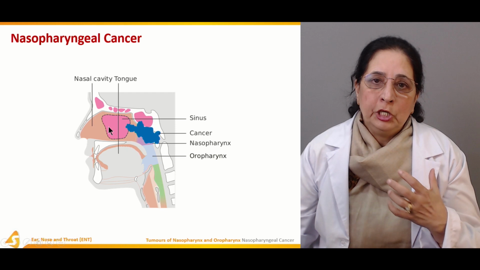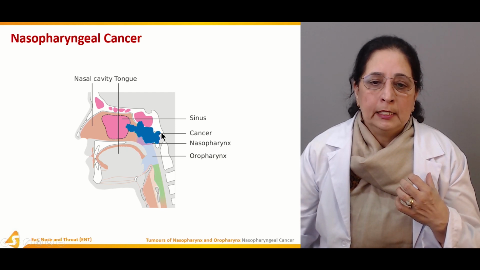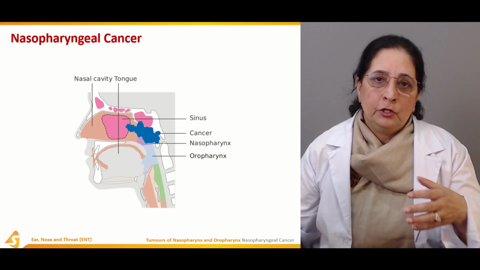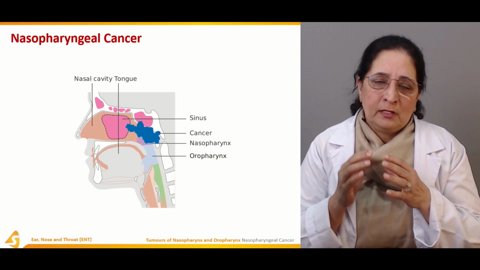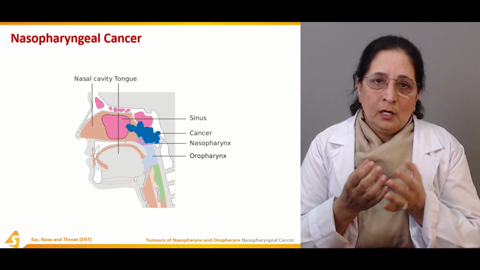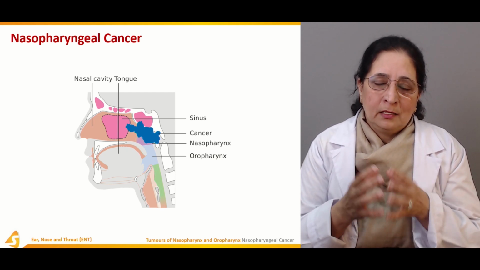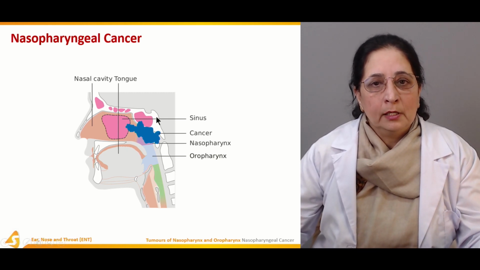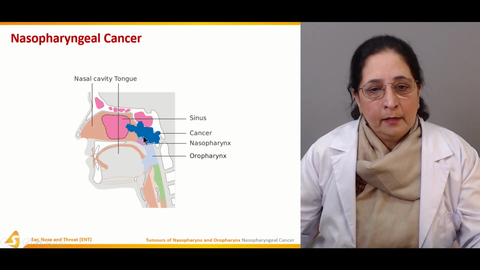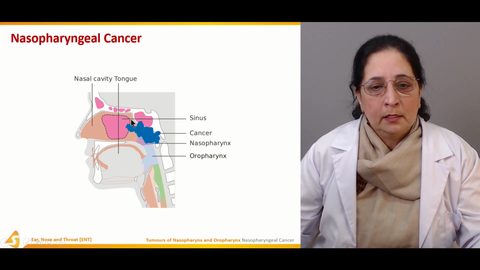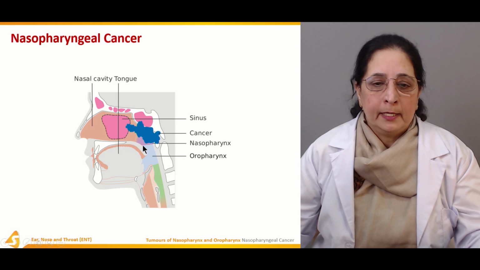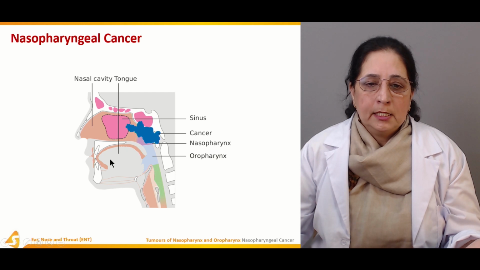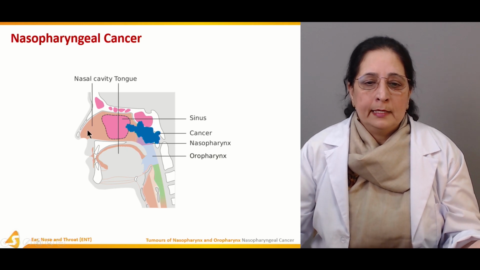So again, the location of the nasopharyngeal cancer, if you remember the last section, when we talked about the benign tumor, that was more like a small, localized tumor in the nasopharynx. But if you see this nasopharyngeal cancer, it is bigger and it has already spread to different sites. So this is the sinus, and then we have the tongue and the nasal cavity.